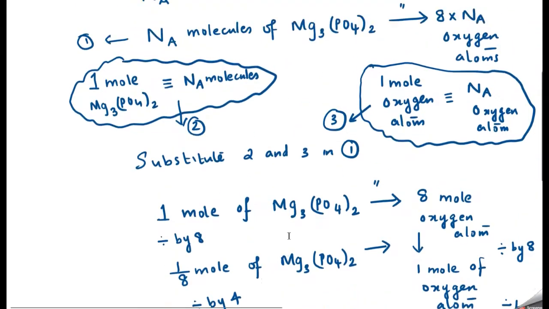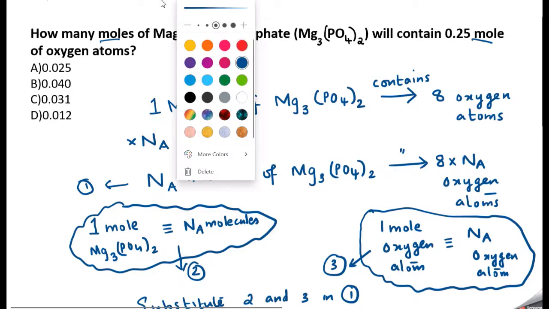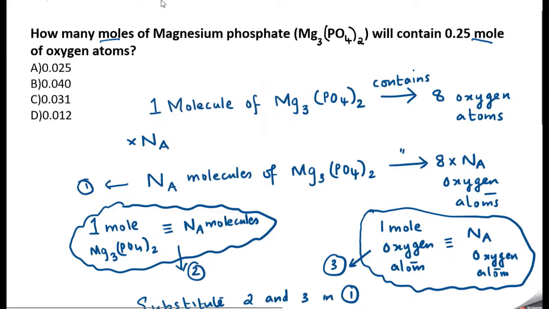But if you see here, is 1 by 32 given in the options? No. So that means we need to do a calculation. I will change the color for your understanding. 1 divided by 32 is what value? I will multiply by 100 on both sides, so this becomes 100 by 32.